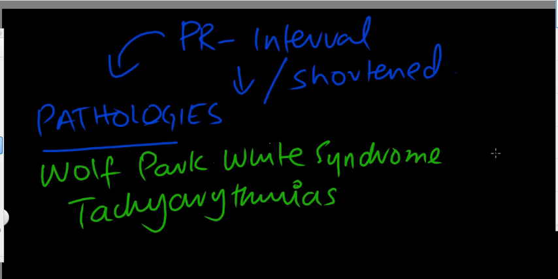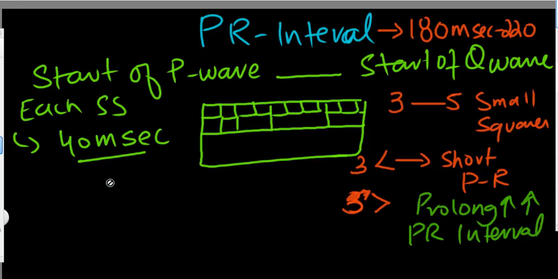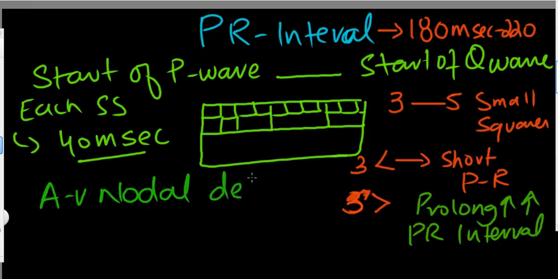One more important thing which I missed is that this PR interval would show you the AV nodal delay. So it gives a lot of time for the ventricles to fill and then contract. So it is really important.